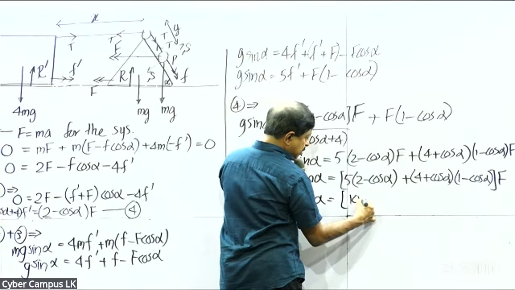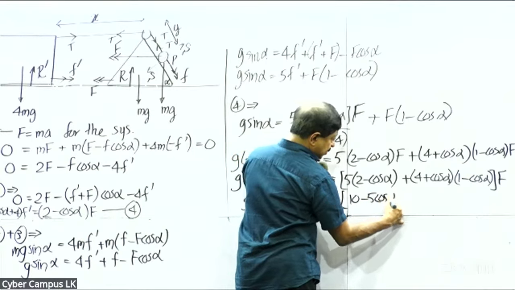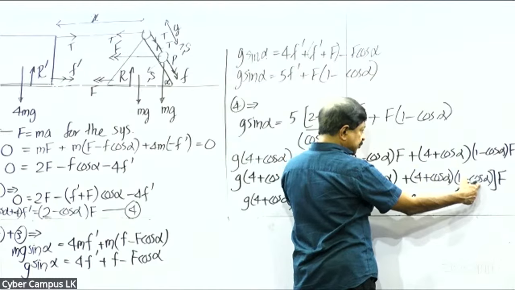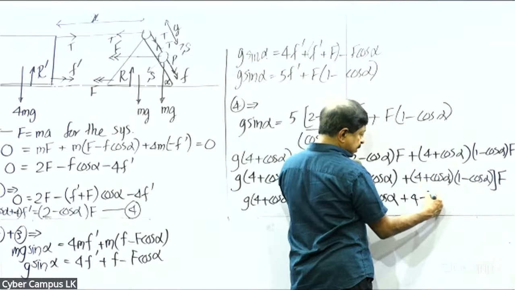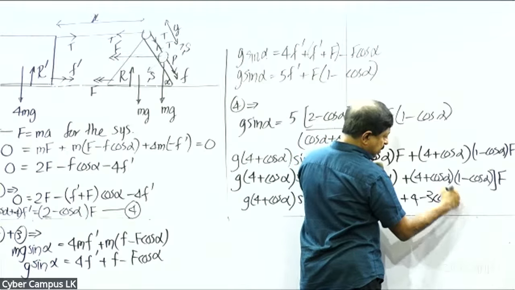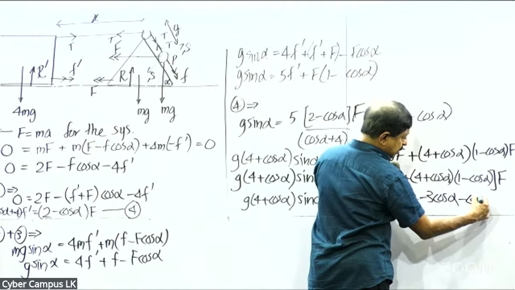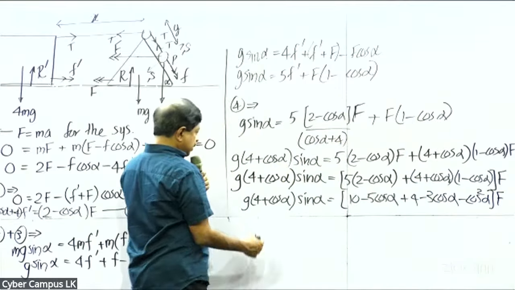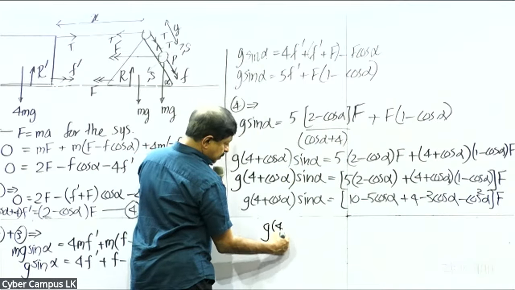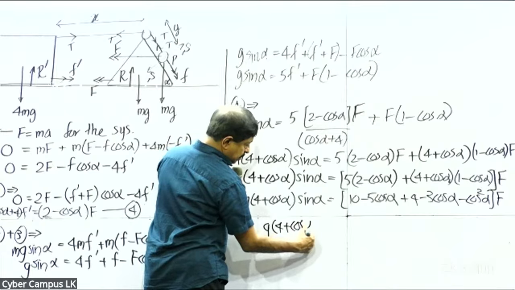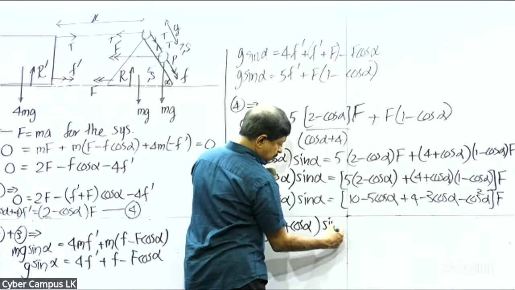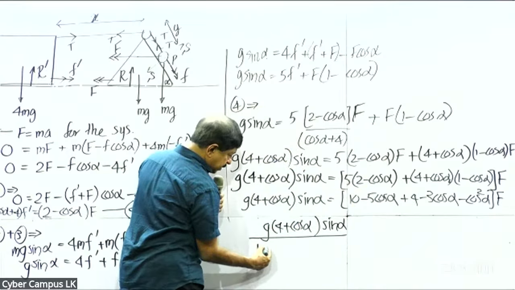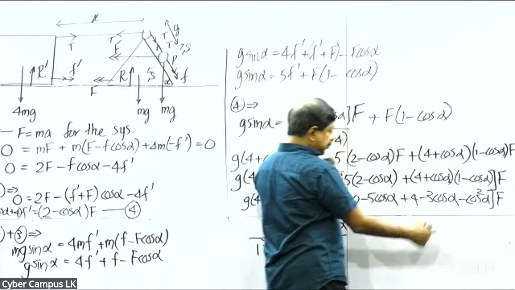Now we'll simplify inside. This is 10 minus 5 cos alpha. Now if you multiply this, you get 4. You get minus 4 cos alpha plus cos alpha means minus 3 cos alpha. And when you multiply this, you get, now we'll divide. Now divide. This is 10, sorry, 10 plus 4 is 14.